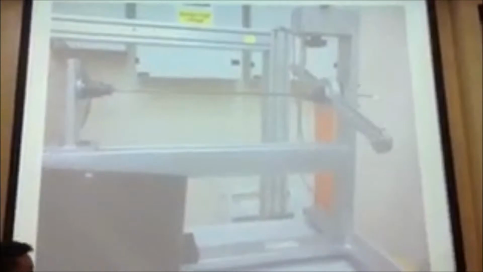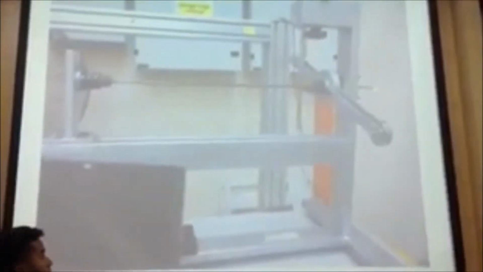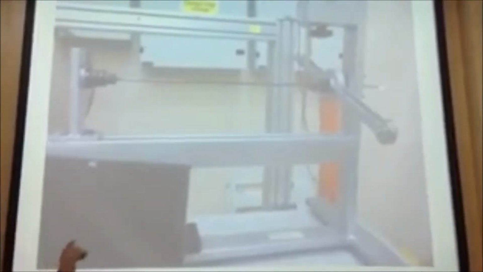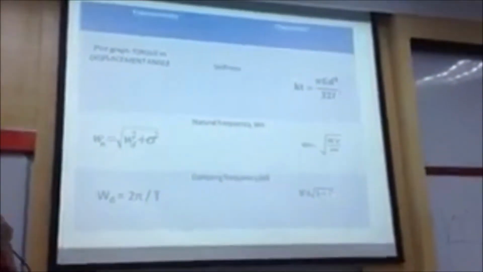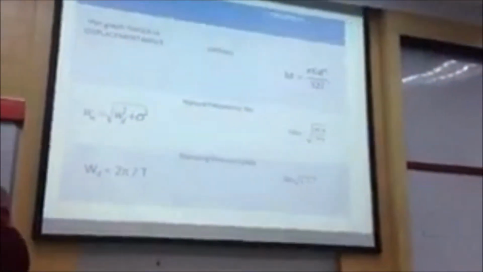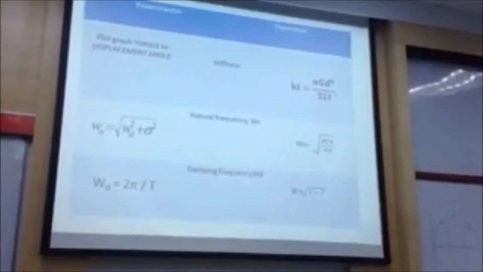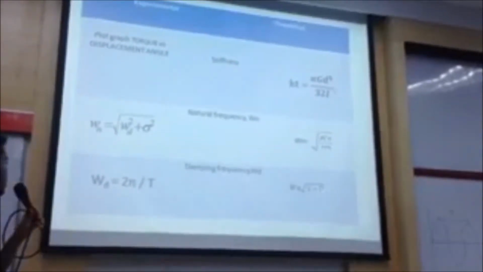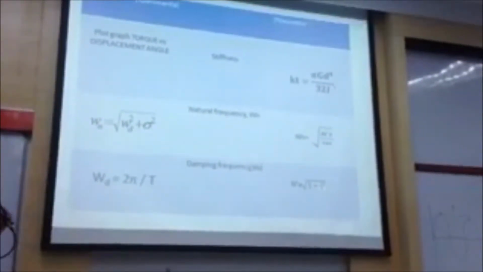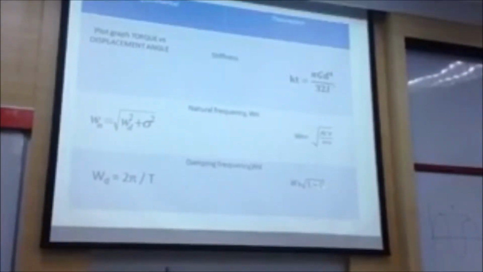So this is our experiment setup. This is our shaft. This is our comparison between experimental value and theoretical value for the three main parameters, which are stiffness, natural frequency, and damping frequency.